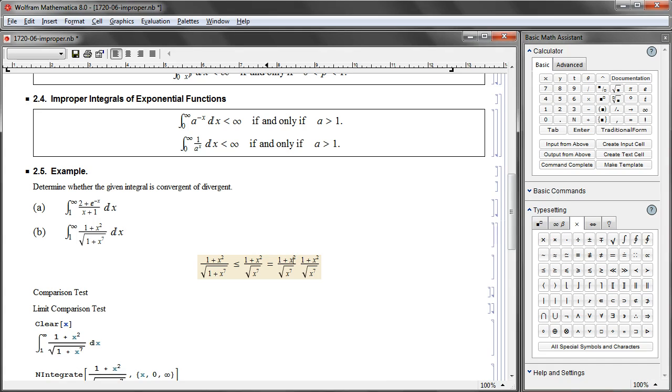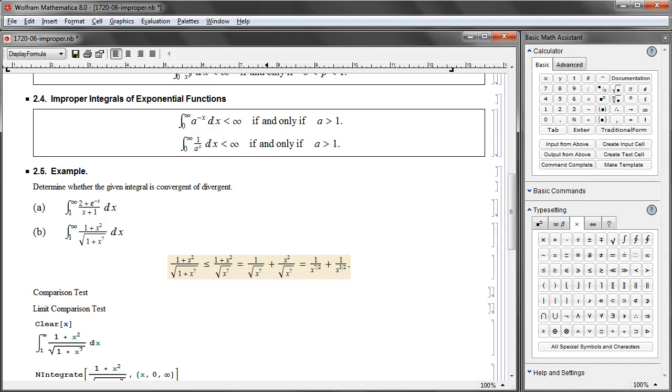What did I click? We can decompose the numerator like this. And then the first function is 1 over x to the 7/2 power. And the second function is x to the 1/2 power over x to the 7/2 power, so x to the 3/2 power in the denominator.